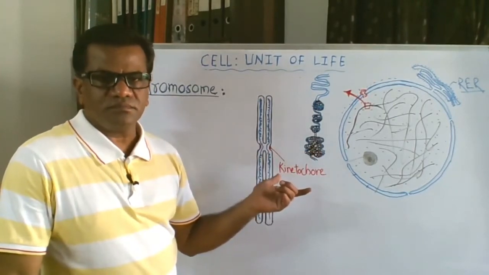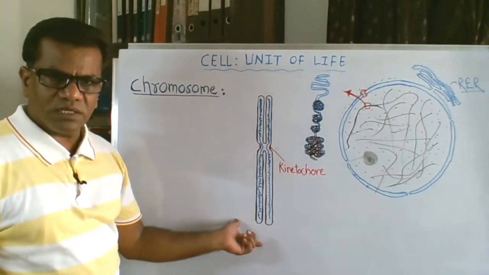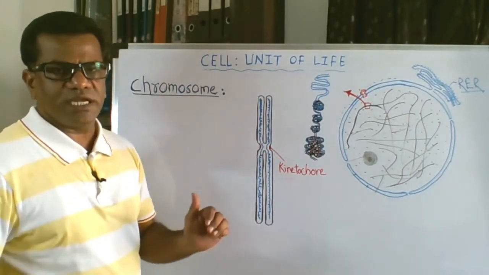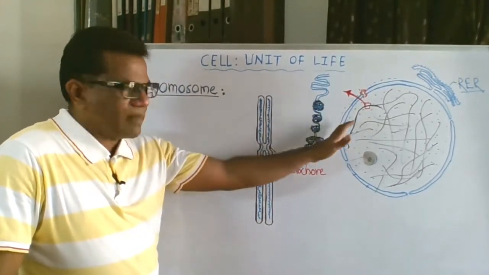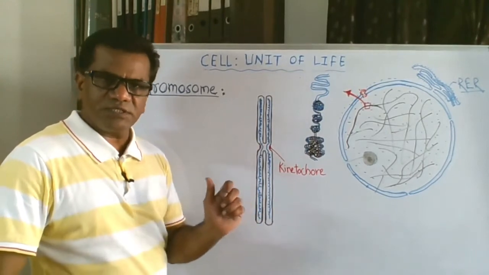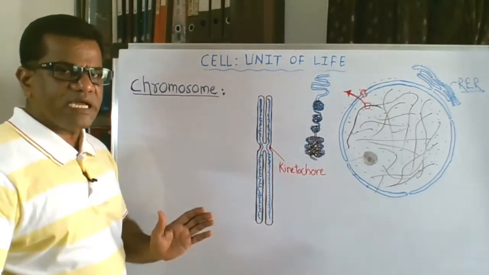it becomes a chromosome. Now, this chromosome which I have shown here in the figure is a double chromosome, meaning after the synthetic phase, when the cell enters into the S phase, whatever chromatin or DNA is present is replicated.